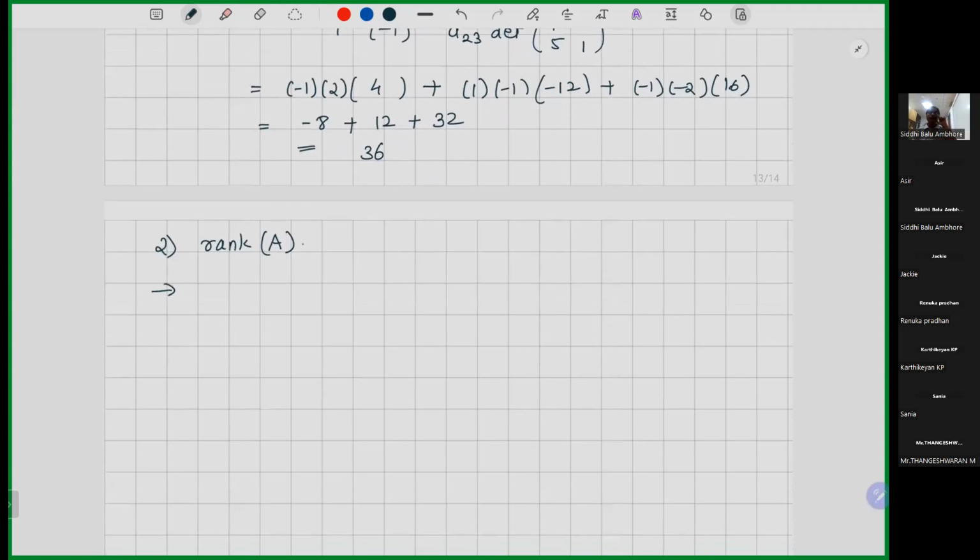So what we learned earlier was converting the matrix to its row echelon form and then counting the non-zero rows, which gave us the rank.